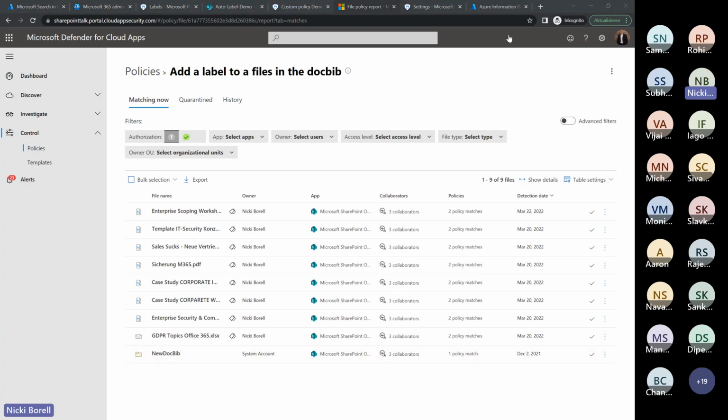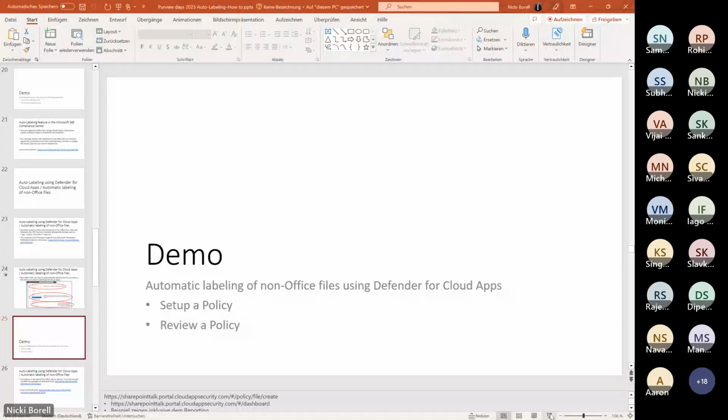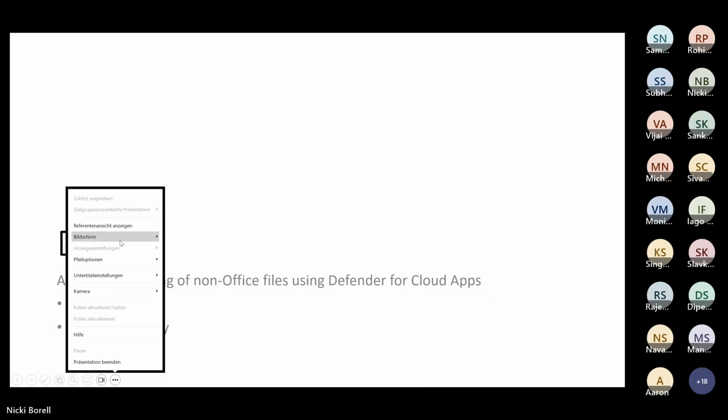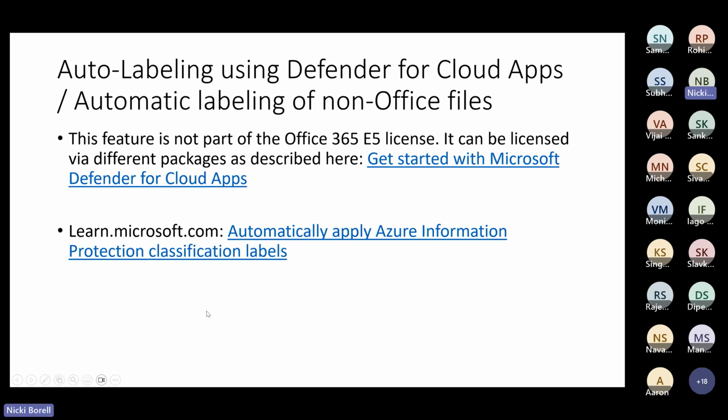Okay, let's go back to the slides. This is not part of an E5 license because Defender for Cloud Apps, formerly known as Cloud App Security, has a separate licensing model.